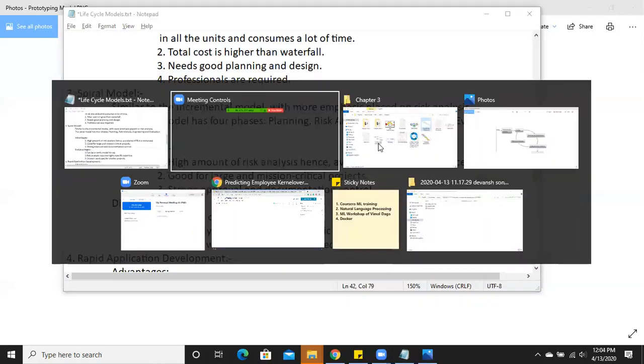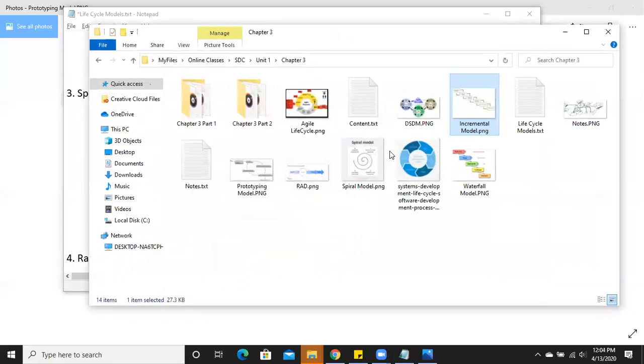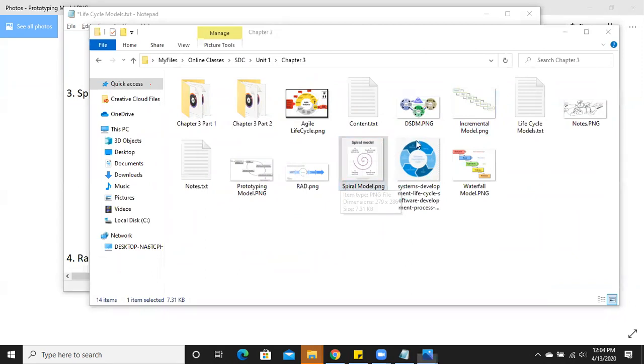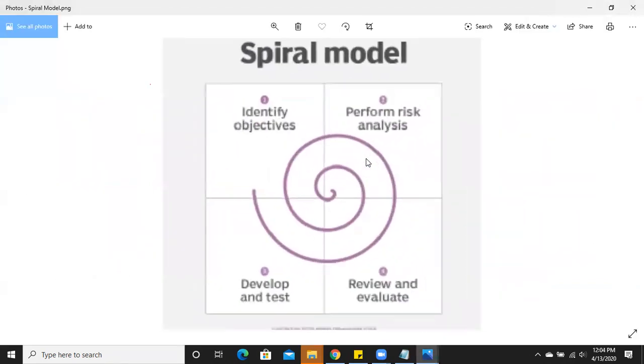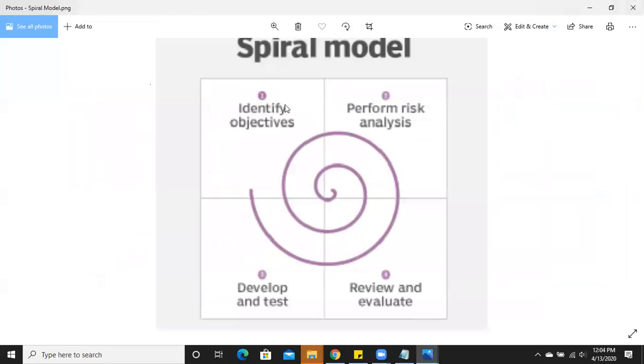As I have already said, it is similar to the incremental model. It basically involves various cycles. So here is the example of iterativeness. First, as we know, this involves several quadrants, right? As I've already discussed, there are four steps available in this one.